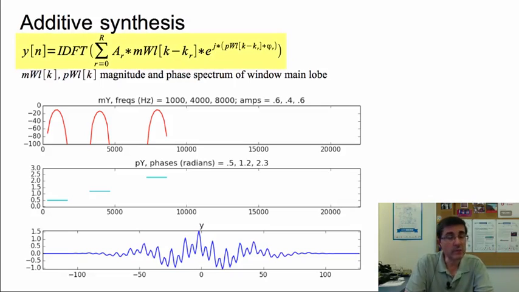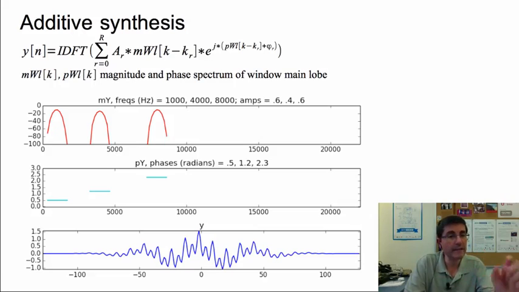So from this equation, we can see that the sum of sinusoids in the frequency domain is the sum of the main lobes of these windows, in this case the Blackman-Harris windows, because as we will see it is the one that we'll be choosing. So in this example, we are generating 3 sine waves, one at 1000 Hertz, another at 4000 Hertz, and another at 8000 Hertz.